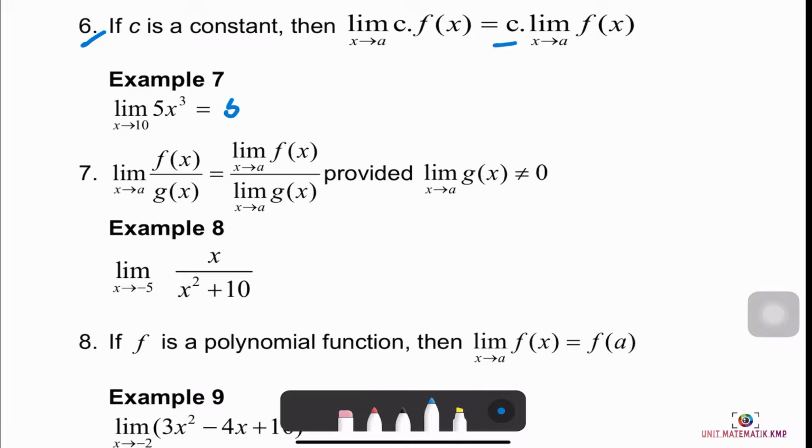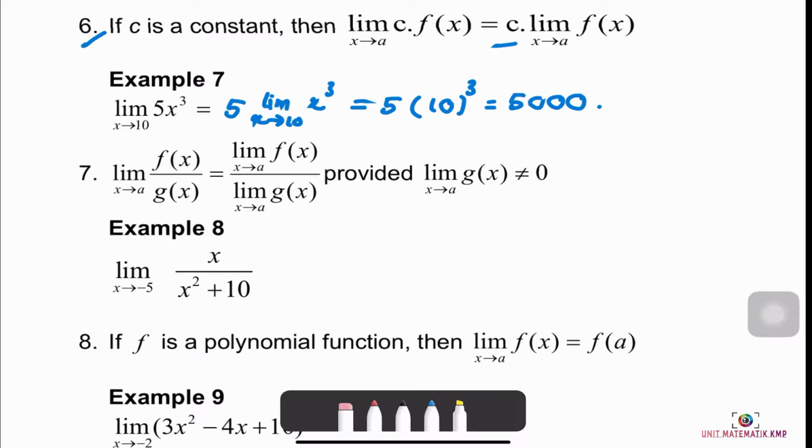I write 5 because 5 is a constant. Then I can write the limit of x cubed when x approaches 10. Next step we substitute the values of x. So we have 5, and then 10 to the power of 3, and the final answer should be 5,000. That is property number 6.